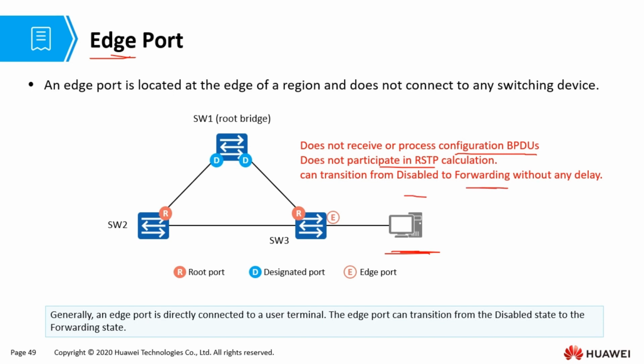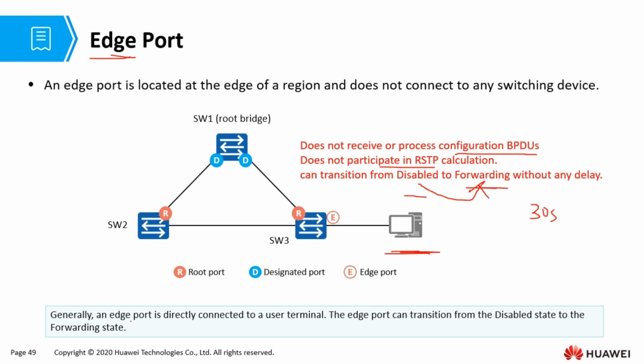This is how RSTP achieves fast convergence, because with an edge port we can transit directly from disabled to forwarding without wasting 30 seconds going through the blocking, listening, learning, and forwarding states. This increases the speed at which the network converges.